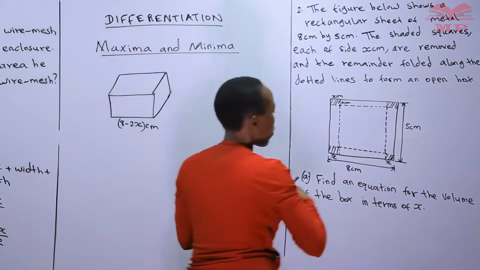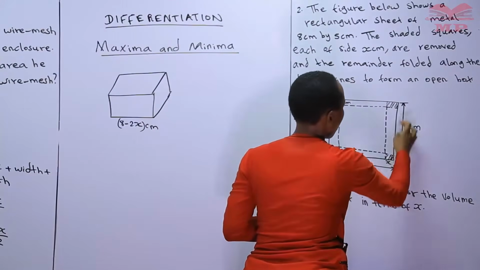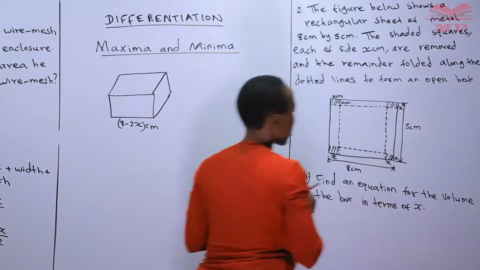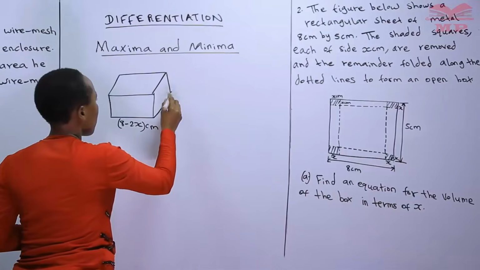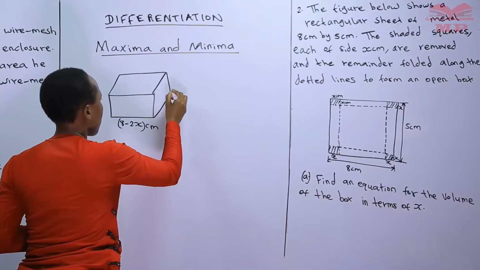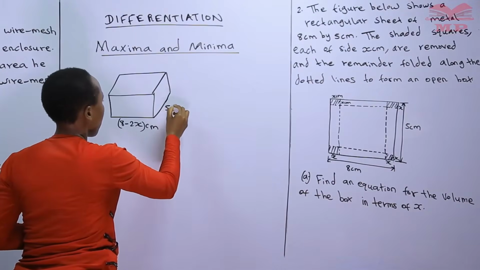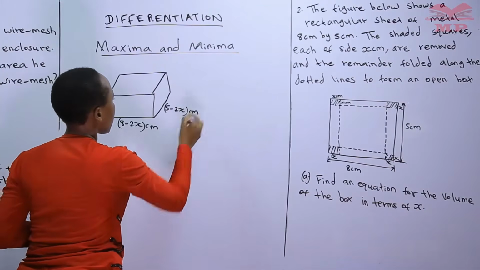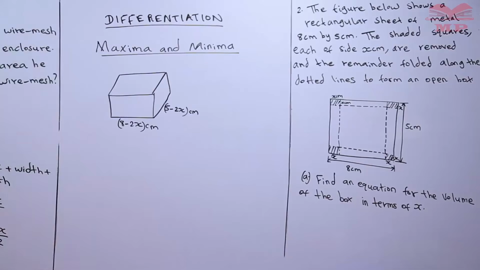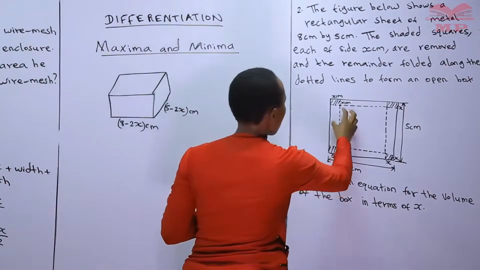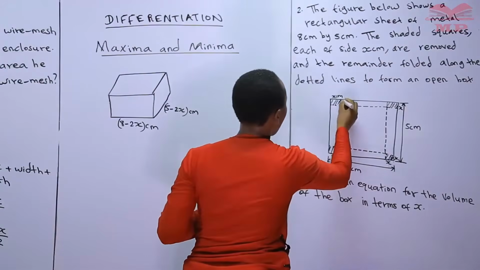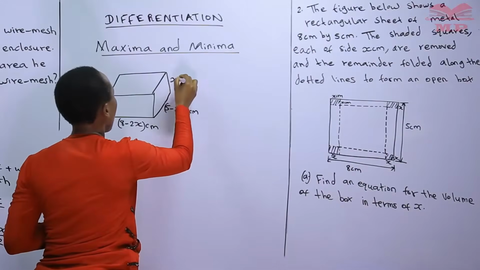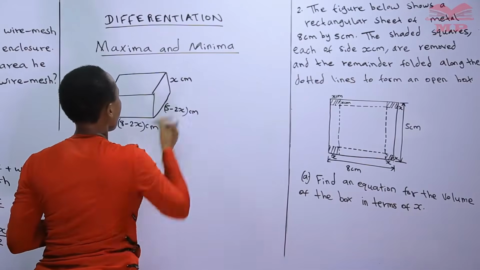Then on this side we have 5 minus x and then minus the other x. We are going to have 5 minus 2x, in centimeters. Now we'll have our height. If this is removed, our height now will be this x. This is the length, the width, and the height will be x centimeters.